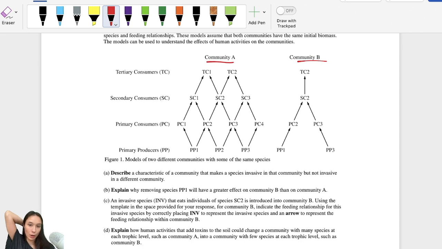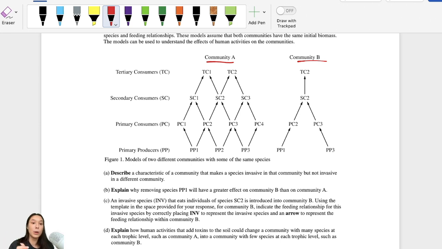A says, describe a characteristic of a community that makes a species invasive in that community, but not invasive in a different community. Okay, interesting. A lot of the times I will say these trophic level ones and these ecology ones often ask you about invasive species. So before you go into the exam, that's like the number 1 application question that I ever see for that unit.